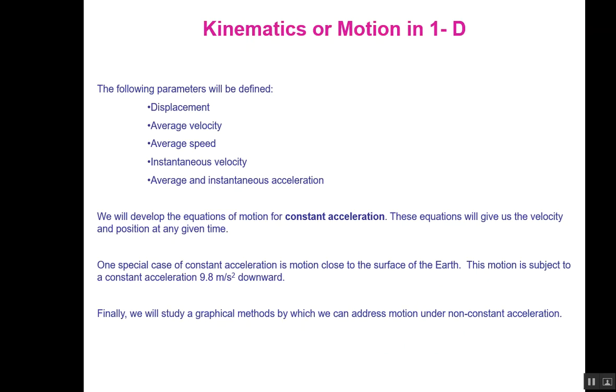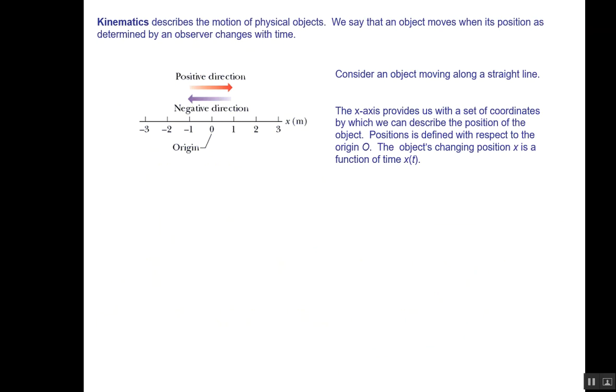We're back to kinematics, or motion in one dimension. We're going to go ahead and continue. We need to talk a little bit about coordinate axes. Your x-coordinate system is just a number line. It has a 0 on it, positive numbers to the right and negative numbers to the left.